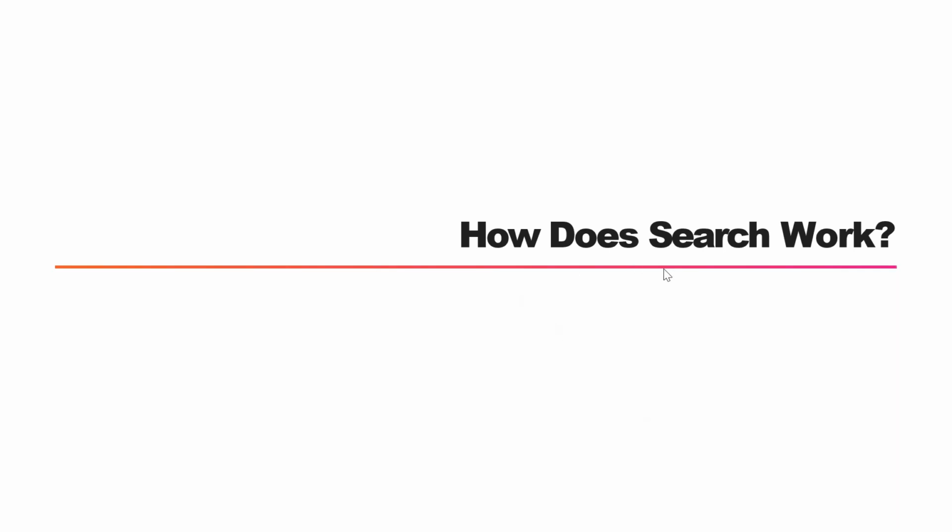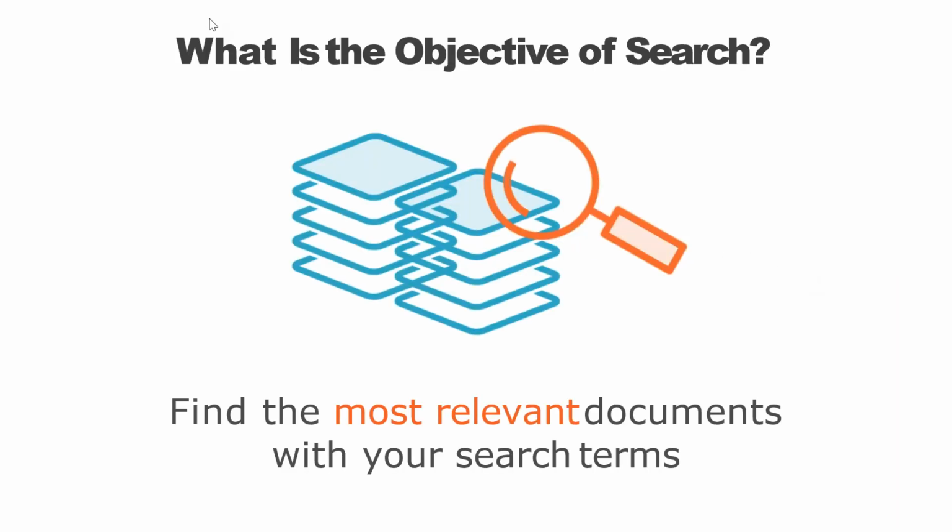So how does search work? What is the objective of the search? The objective of the search is to find the most relevant documents for your search term, correct? When you start searching something, it can be some text. You want the most relevant document.